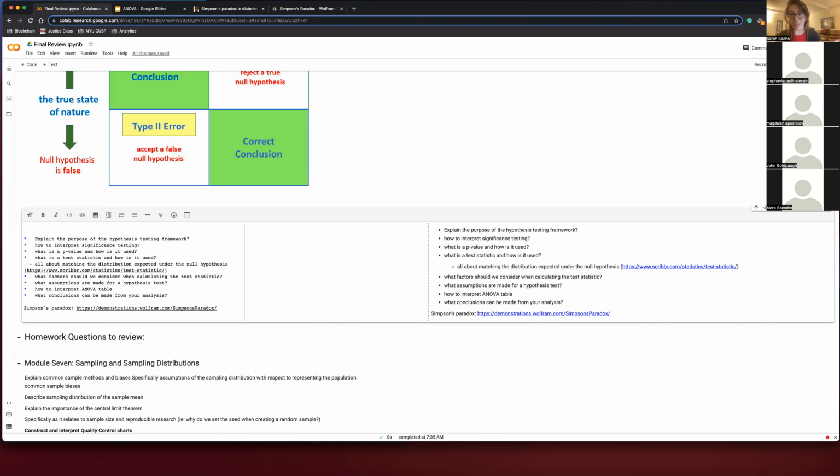This is an example of the paradox: if we do it in a way that changes the results of what really happens in reality, it's something we need to keep in mind. The key point is that when you are doing your analysis, if it doesn't make intuitive sense to you, like this BMI example, the statistics might say, hey, this is a relationship, but you shouldn't always trust that.